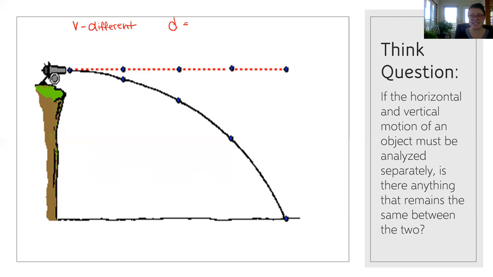So horizontal distance and vertical distance are not necessarily the same because they're in 2 different directions. So they're often different. What about acceleration? Well, gravity only works down. If there's nothing else pushing it, it doesn't have any horizontal acceleration. So acceleration is different.